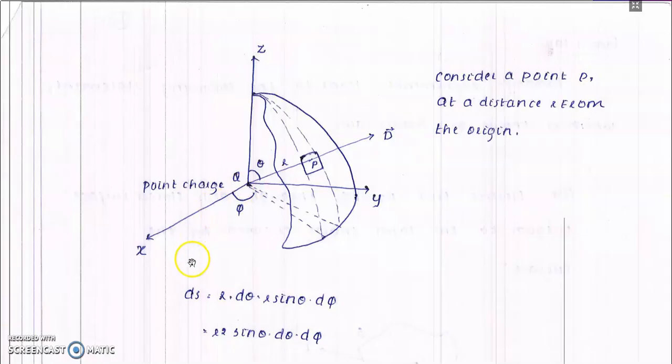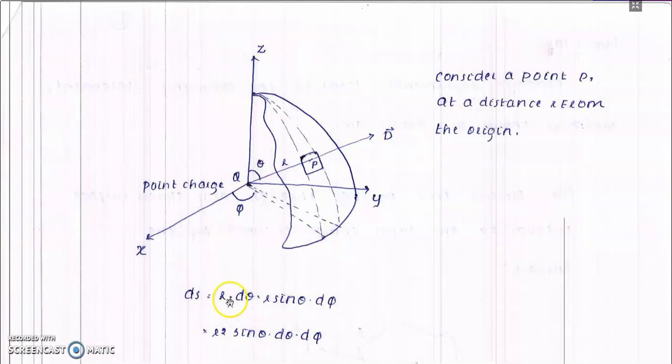So from that we know the formula. Let us consider a surface integral. We are not going for the volume integral, because in the first derivation itself I mentioned that it is a surface integral. So dS is equal to r d theta times r sin theta d phi, because I am considering the radius of the sphere as constant.